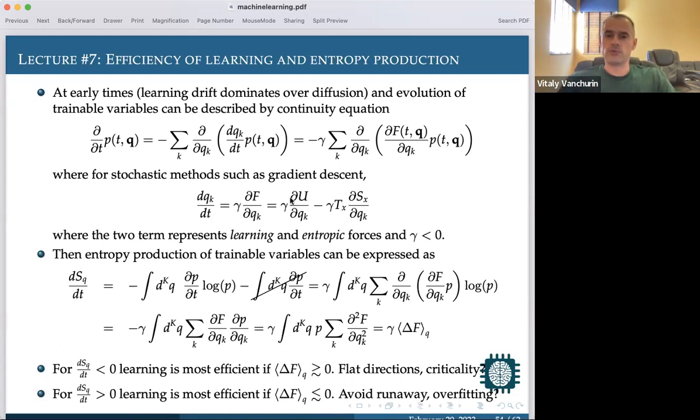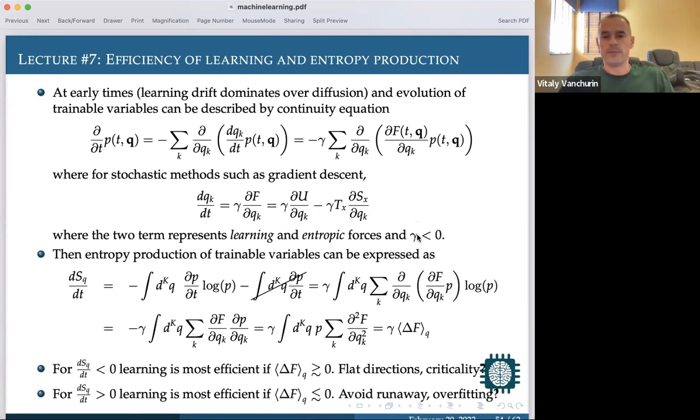Given these two forces, they may act in the same direction, or they may act in opposite directions. In equilibrium, they would balance one another, and so dF would be 0. But we are away from equilibrium, so we may think about both of them. Now, I'm going to make an assumption here that gamma is less than 0. That is something that may change, maybe there is a limit where this learning force is just negligible and everything is governed by the entropic force.